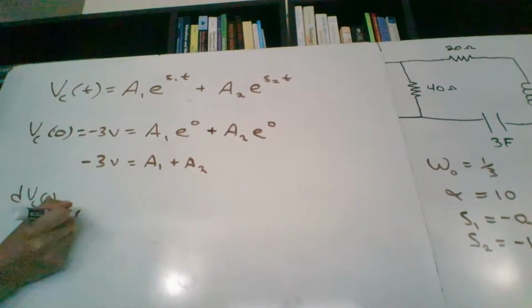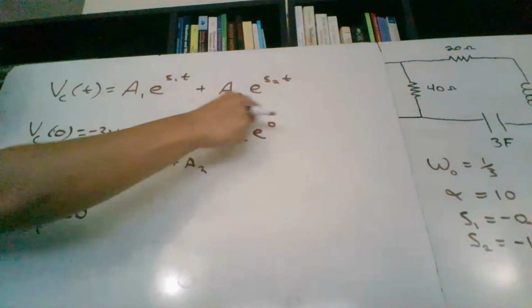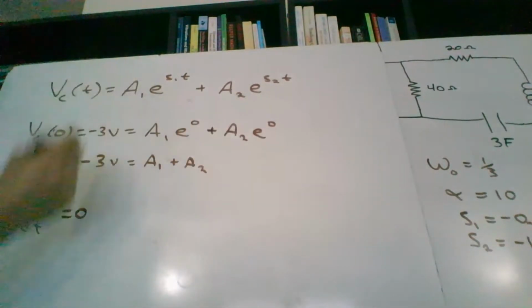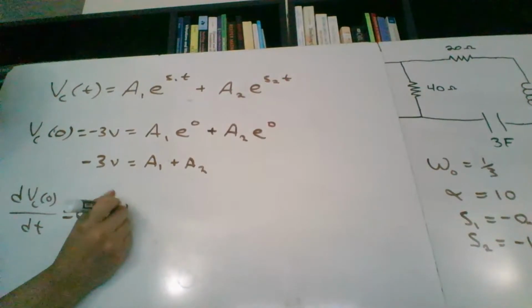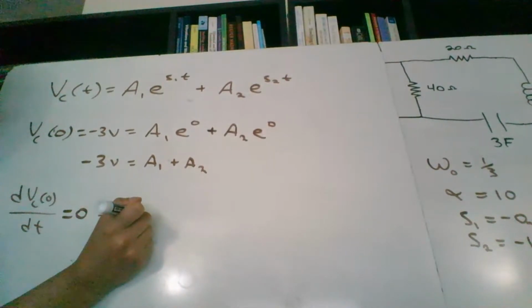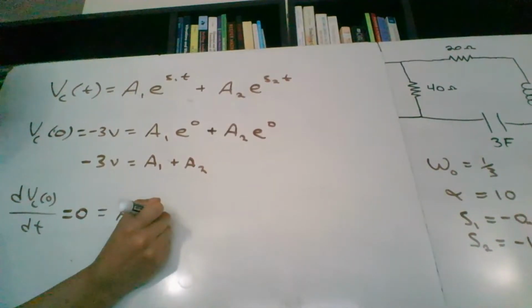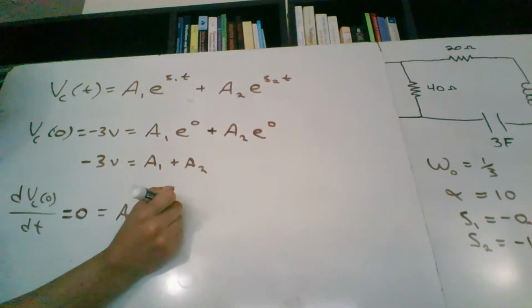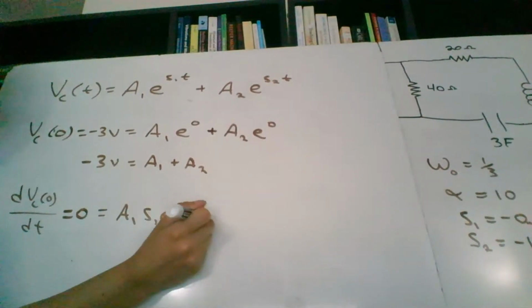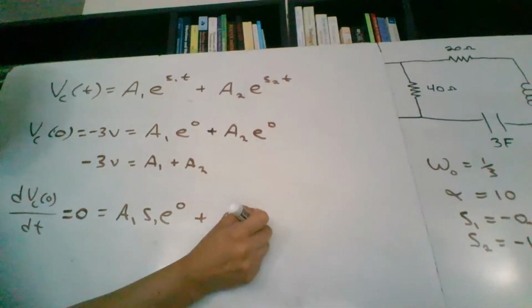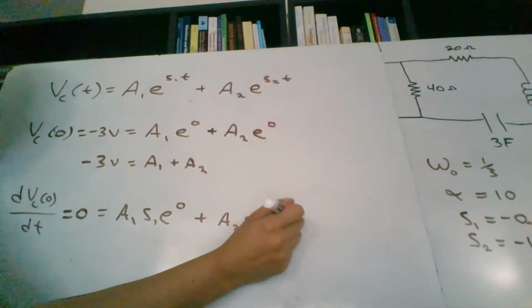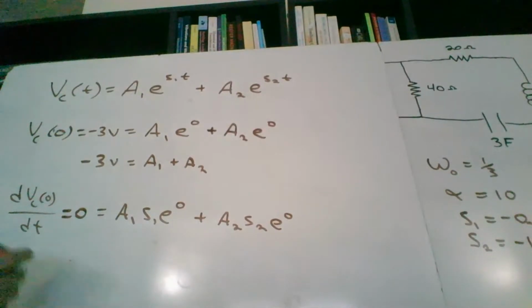Now we take the derivative of this: A1 S1 e to the power 0 plus A2 S2 e to the power 0. And so we end up with our second equation.